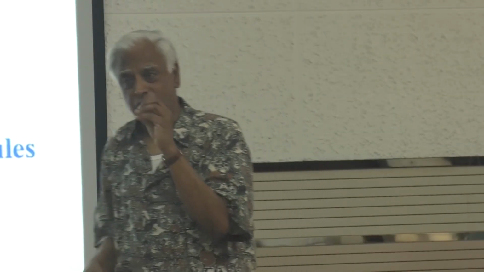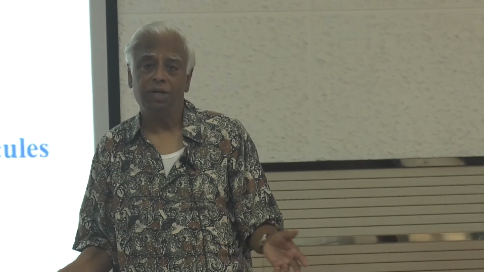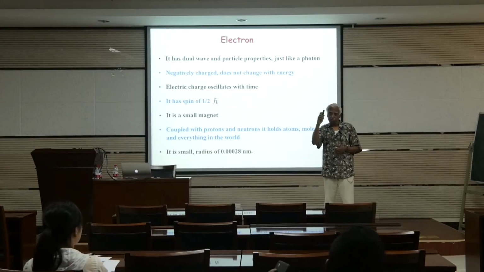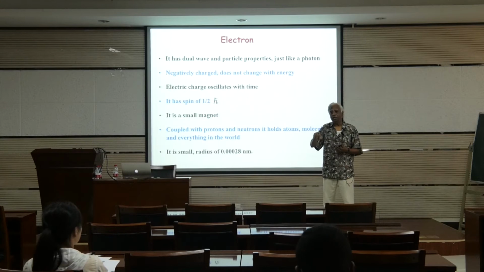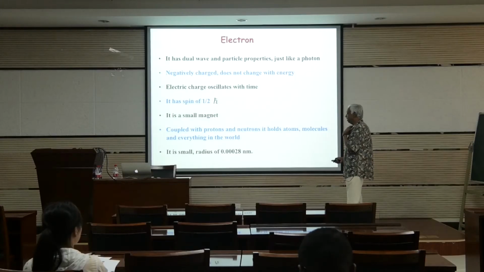Since it has a charge and it is moving, it will also have a magnetic field. When something is charged and moves, it will create a magnetic field. When it goes around, you will have a magnetic moment. Okay. So it is very small.